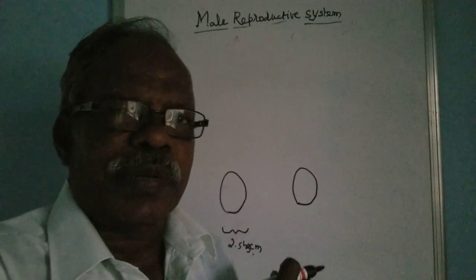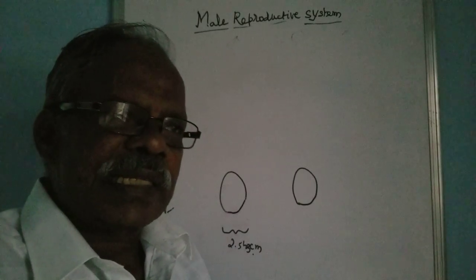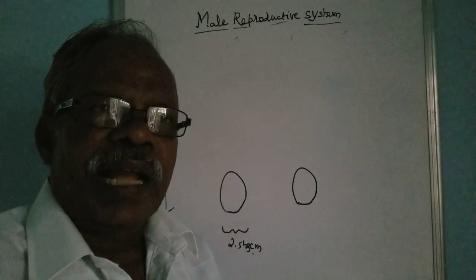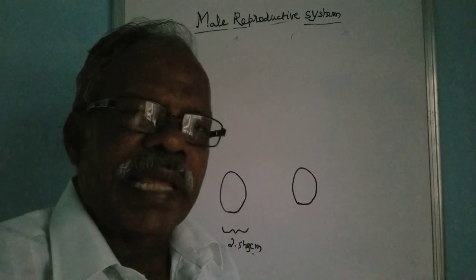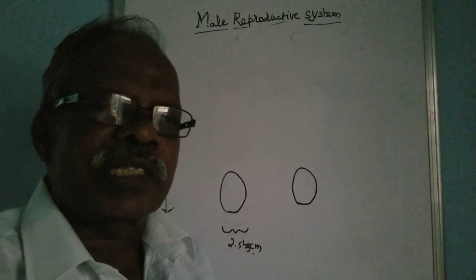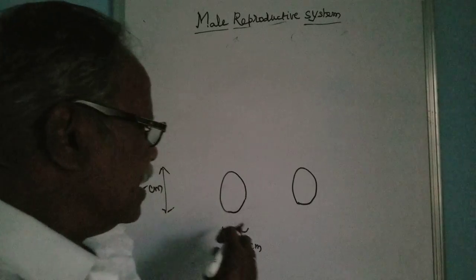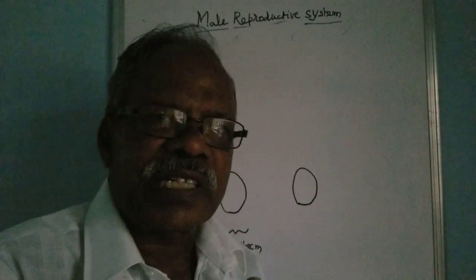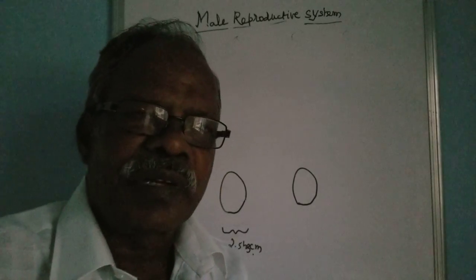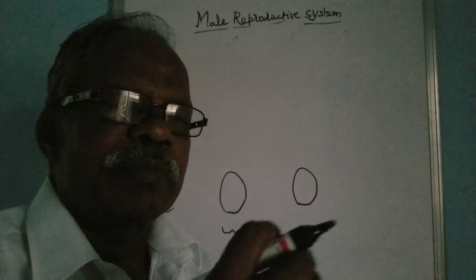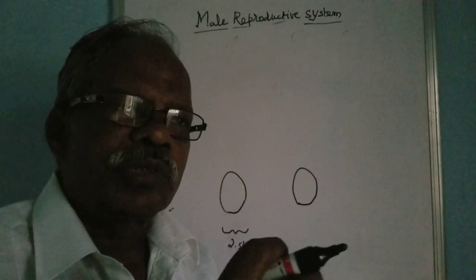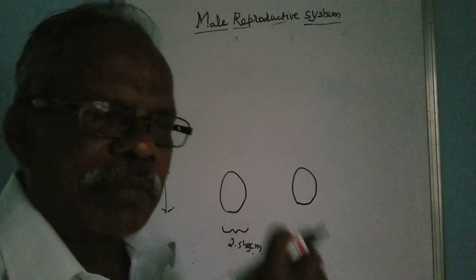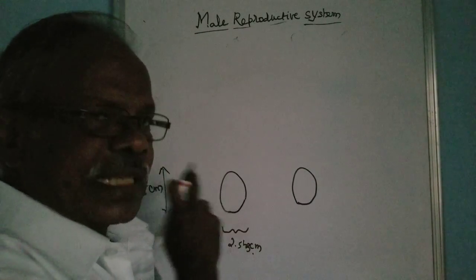To reduce the temperature, it descends downwards and lies in a separate pouch called the scrotum. There is a temperature difference between body temperature and the sperm formation place; the testis is about 2 degrees centigrade lower.